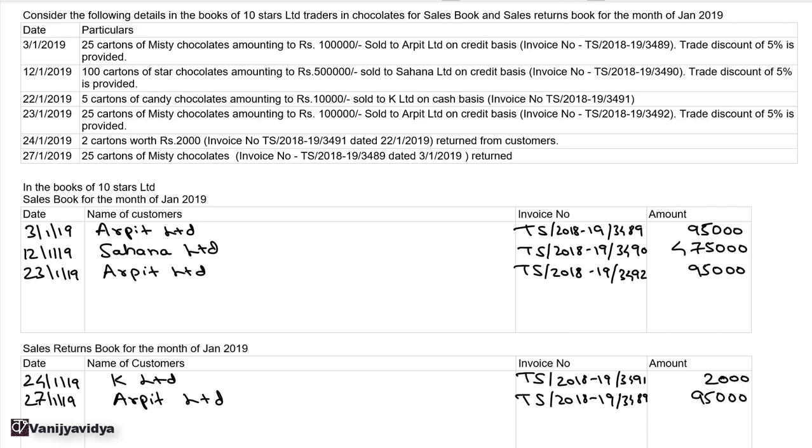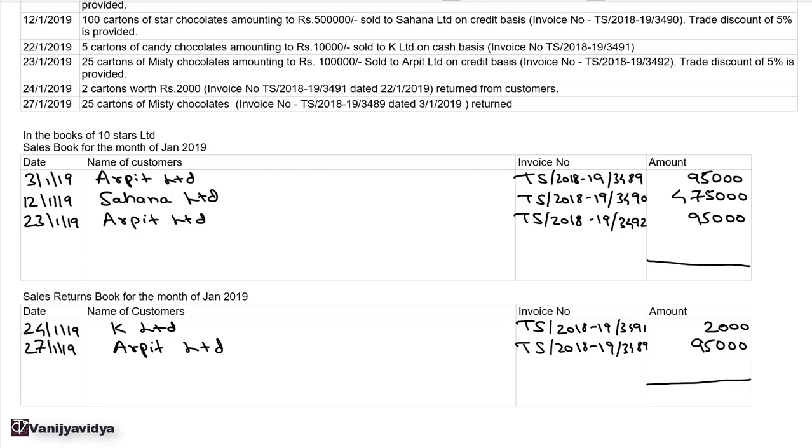Now this was the last transaction. Let us take the total of sales book and sales return book for the month of Jan. Total of sales book is 6,65,000 and sales return book is 97,000.